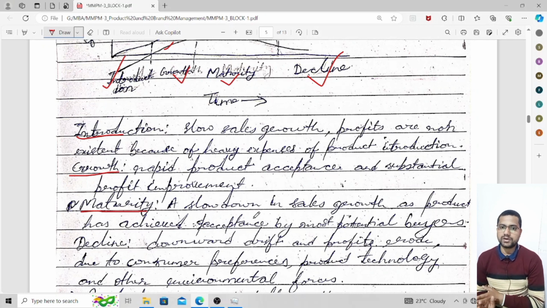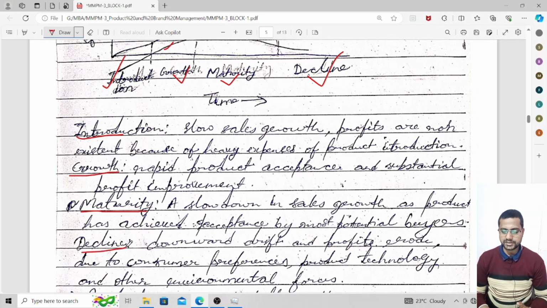For example, if 100 customers were demanding earlier in the growth stage, in the maturity stage the 100 will remain intact, or approximately around 100. The number of customers who demand the product will not increase.